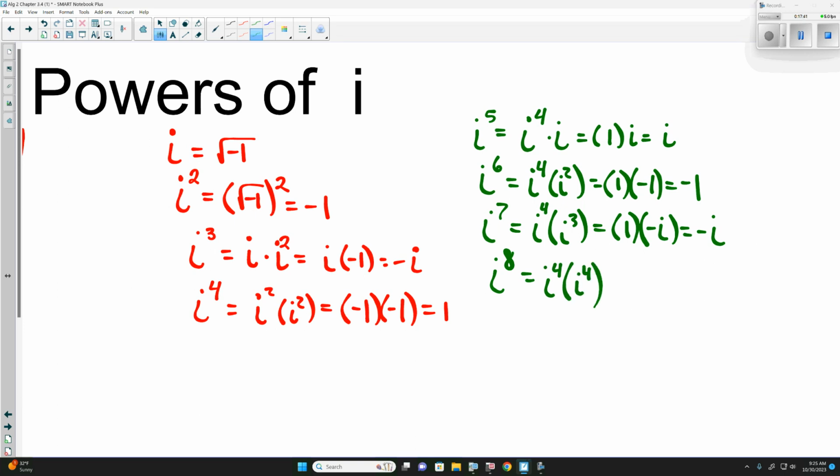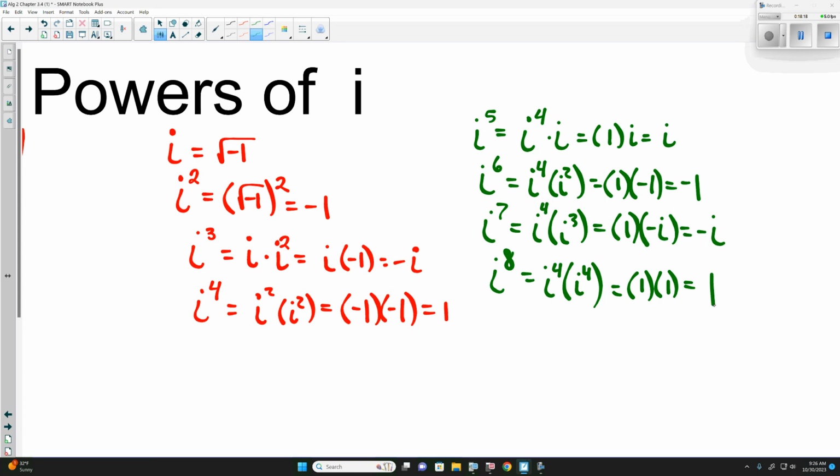We can say that's I to the 4th times I to the 4th, which would be 1. So really I to the 5th is the same as just I to the 1st. I to the 6th was the same as our I squared. I to the 7th was the same as I to the 3rd, which was -I. And I to the 8th was the same as I to the 4th, which was 1.